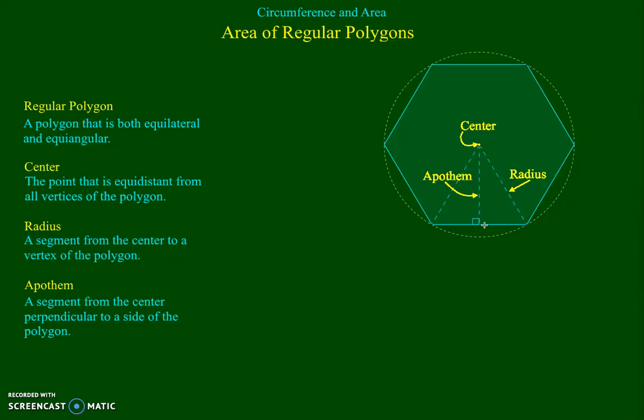If we wanted to find the area of this regular polygon, one of the ways we could go about it would be to take the fact that these triangles are all going to be congruent triangles and find the area of one of these triangles and multiply it by the number of sides. And that would get us the area of this regular polygon.